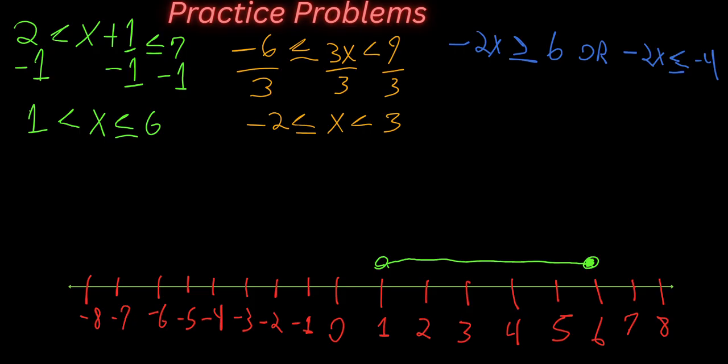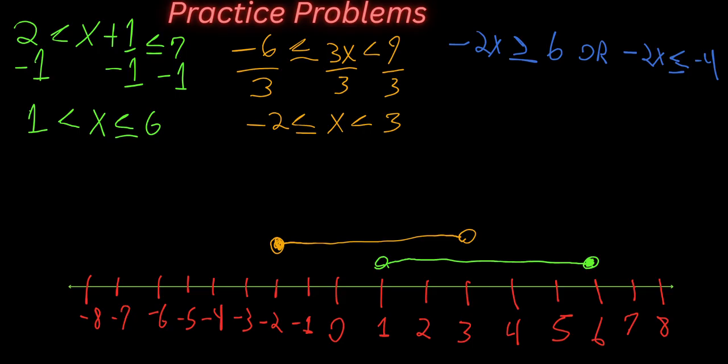Right, so we will have an open circle at the point 3, and we will have a closed circle at the point -2. Okay, and then this is an AND statement, so we connect those two, and that's how we solve and graph that problem.